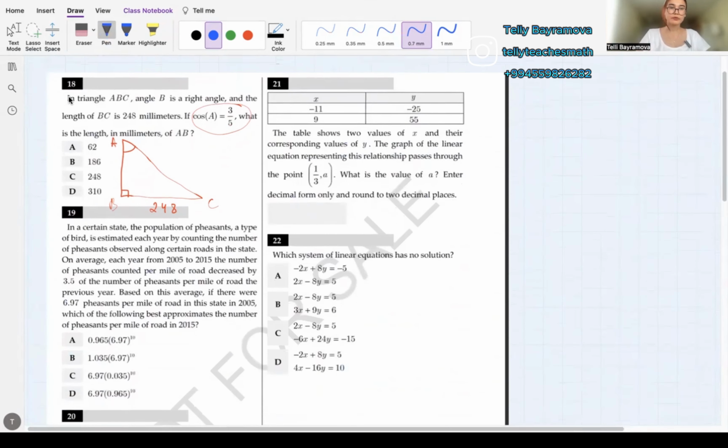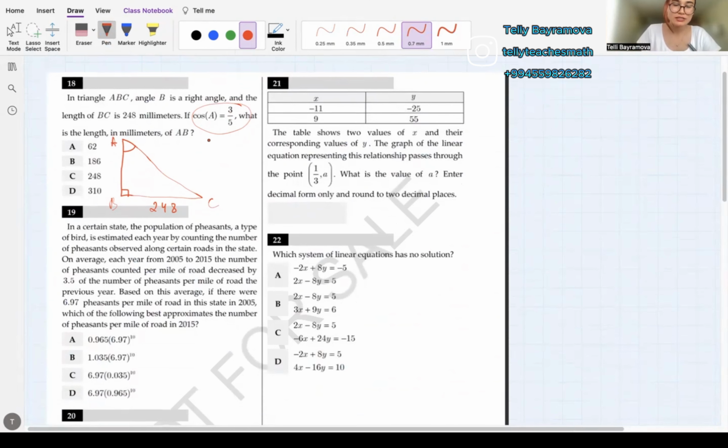Okay, cosine A is 3 over 5. Cosine is what? CAH: adjacent over hypotenuse. It is 3 to 5. And from the right triangle, you know the Pythagorean theorem: 5 squared minus 3 squared, hope you already know by heart, is 4 squared. That's why this one is 4.